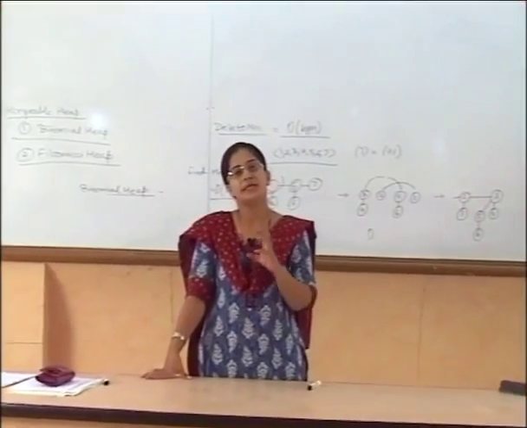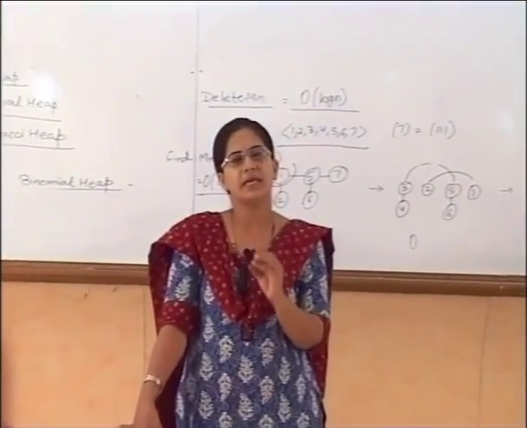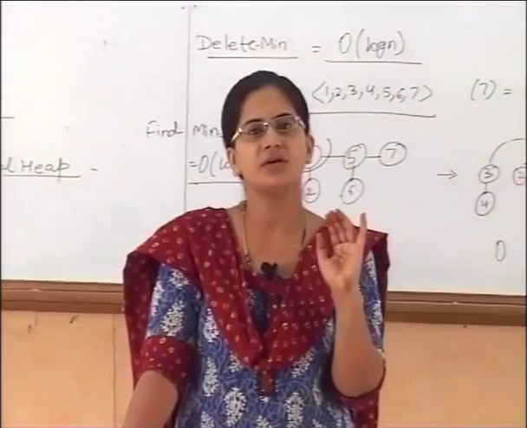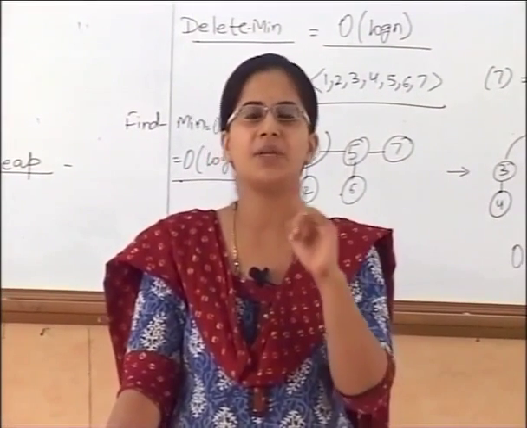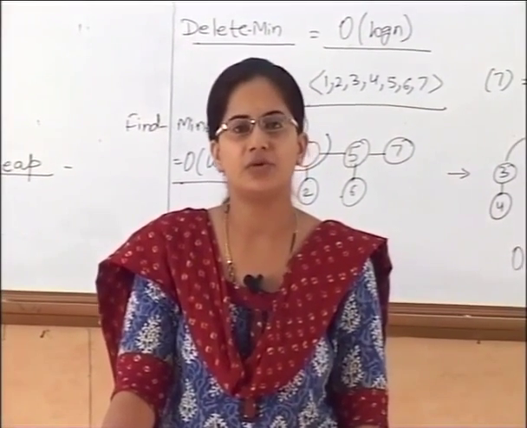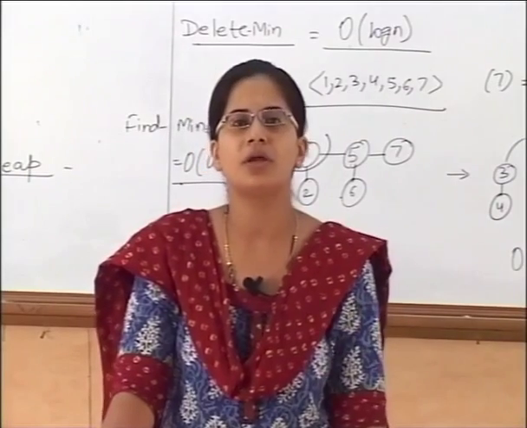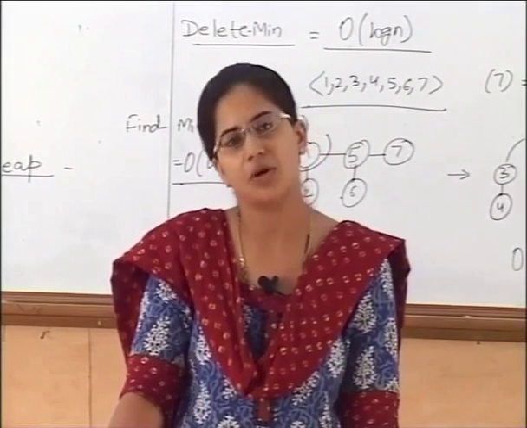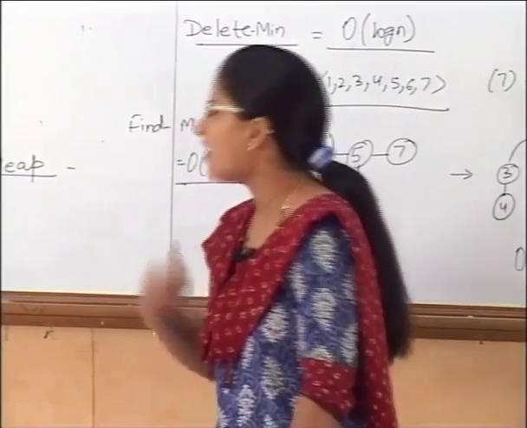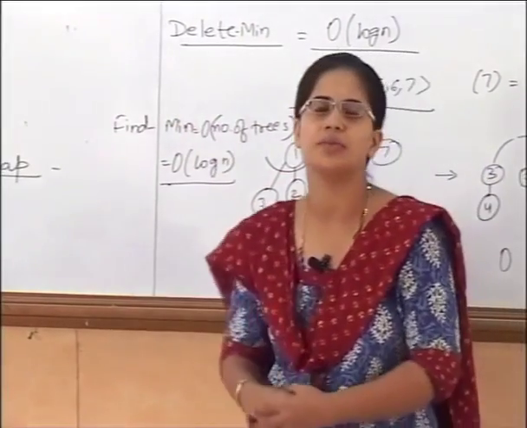If we want to delete the minimum element, again we have to remove it from the root, and that will be replaced by the leaf value, and again the heapify will be called, which has the complexity big O log n. After binary heap, we go to the binomial heap.